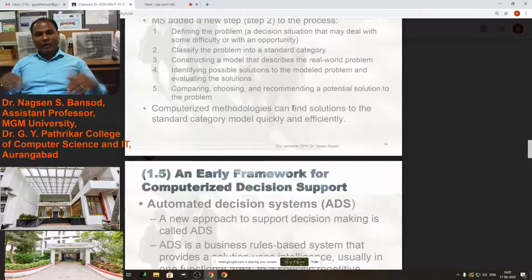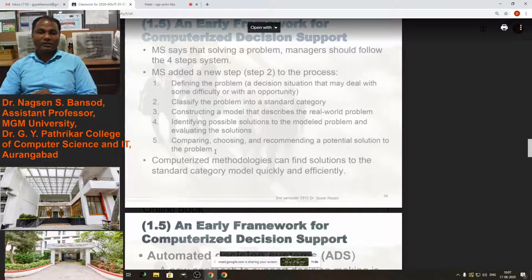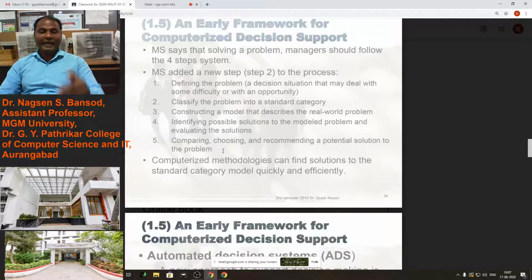Then as a manager, you have to compare that feedback and those solutions, so that you get a better potential solution to the problem. Then which is the best solution? You should apply that. All these 5 steps are important to work as a manager and make a business more profitable. You will become a successful manager after utilizing all these 5 steps.